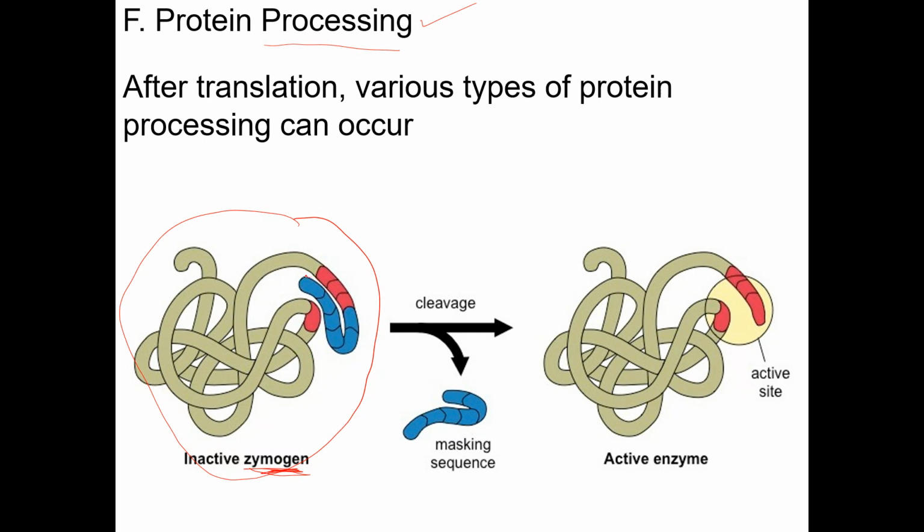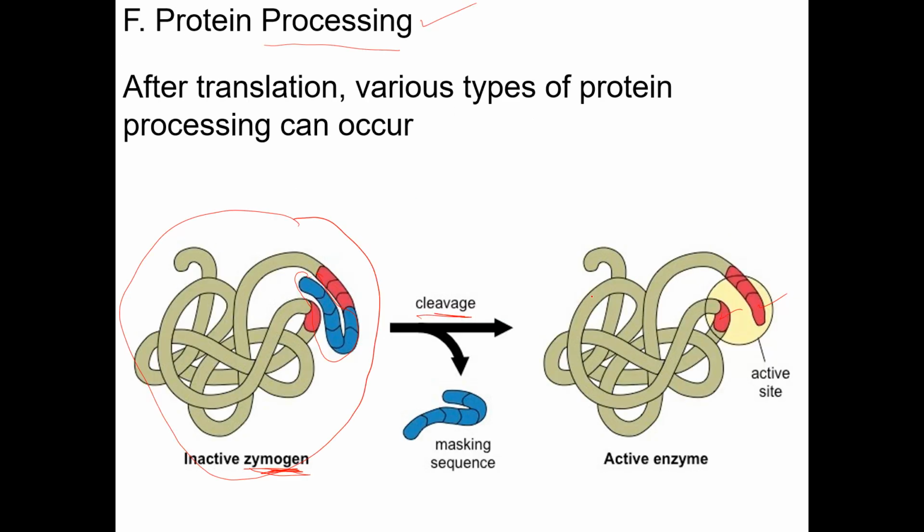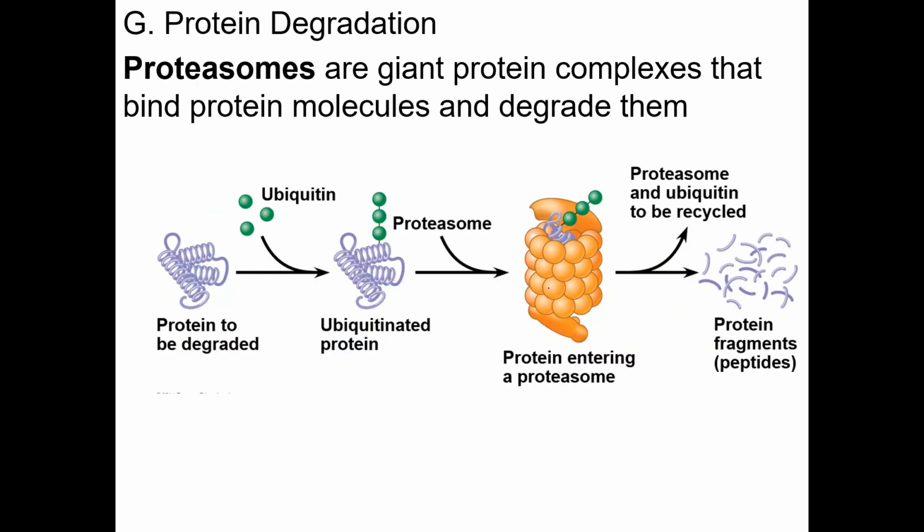But anyway, it's inactive, and there's a piece here that needs to be cut, probably by another enzyme. And then you have these two pieces of the protein that are now close together, and that's the active site for some enzyme. Another thing that you can do is phosphorylate an inactive protein for it to become active.